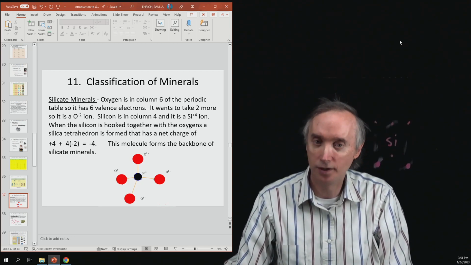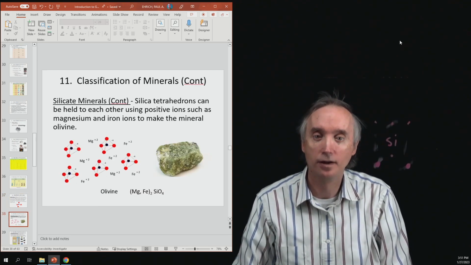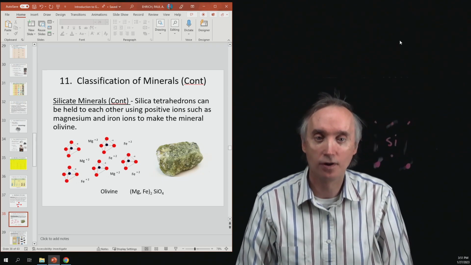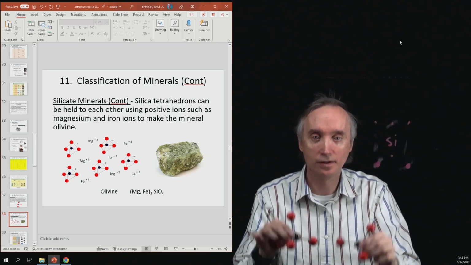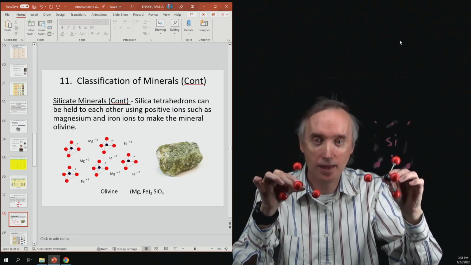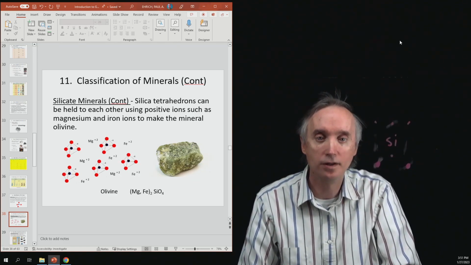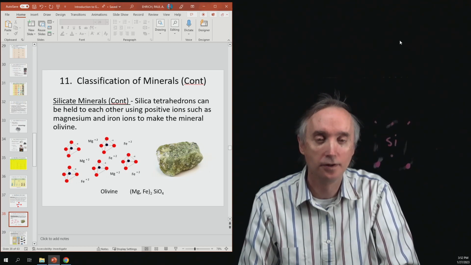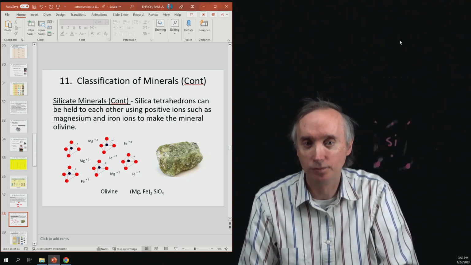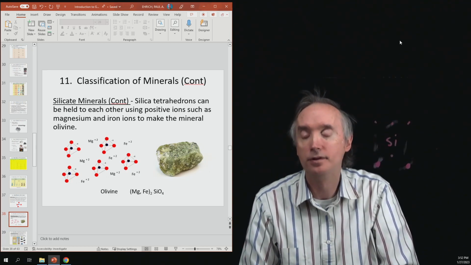So for example, let's look at olivine. Olivine has these silica tetrahedrons, and do you notice what other elements are in olivine? It's got magnesium, and then it's got some iron in there.